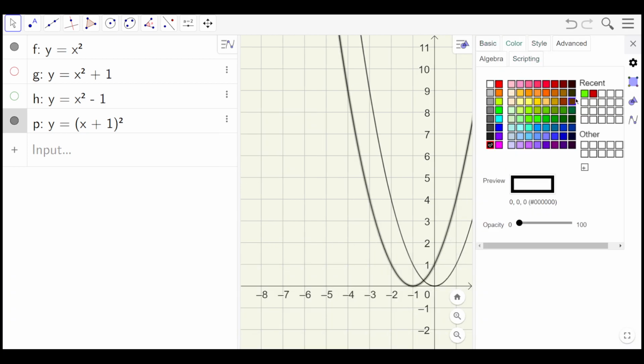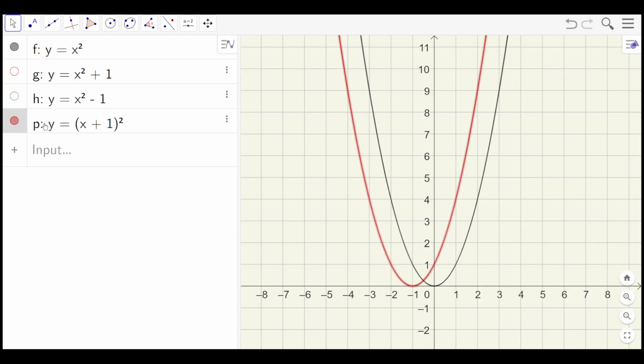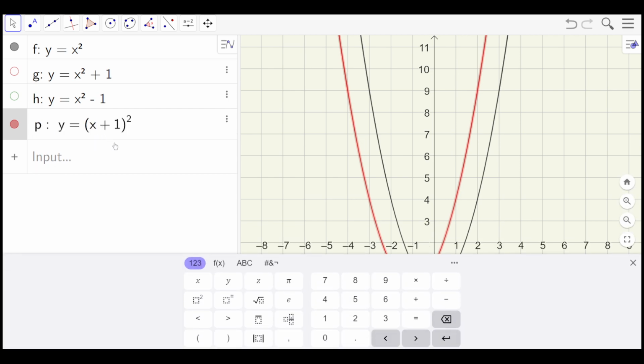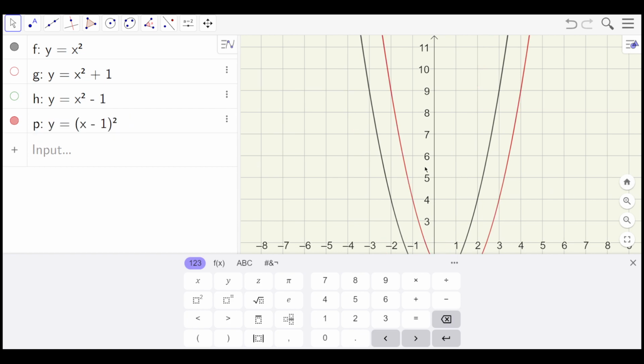Let me change the color. So you see, this is not the black one shifted 1 unit to the right. It is the black one shifted 1 unit to the left. And if I change the sign here to minus, it will automatically shift to the right. You see, now this is shifted to the right.